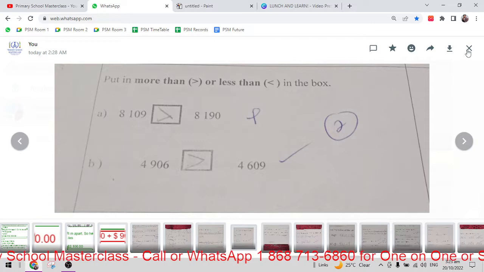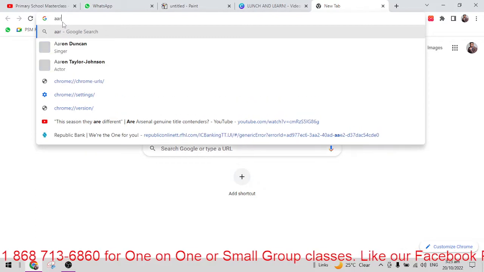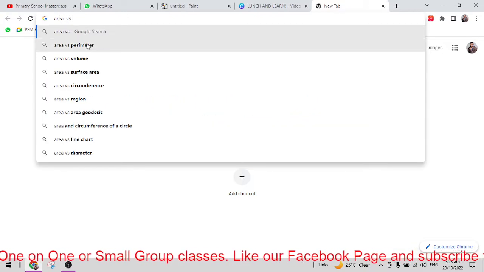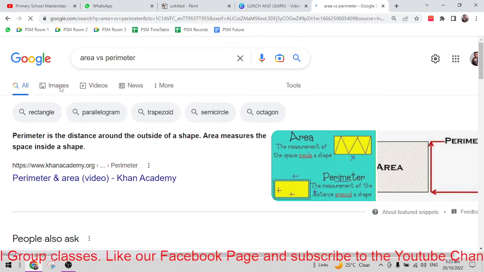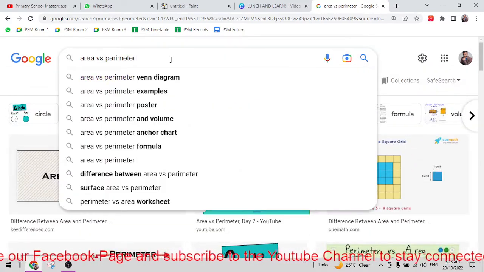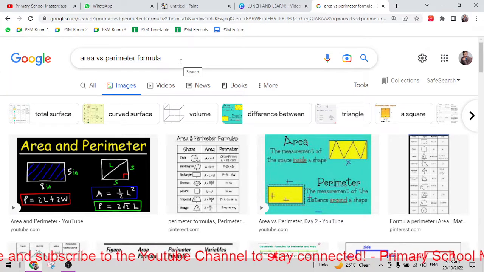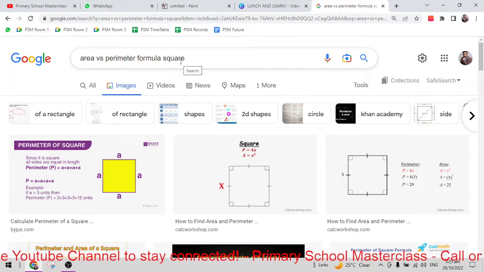Alright guys, so I think what would be very, very good is for you to ensure that you know the difference between area and perimeter.